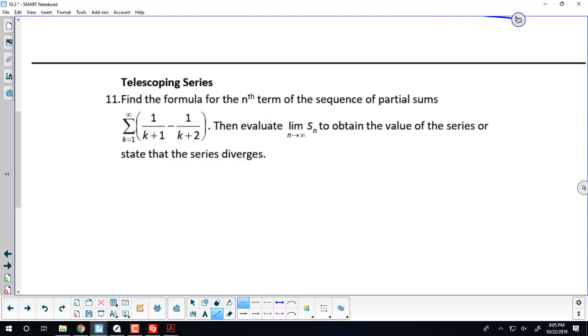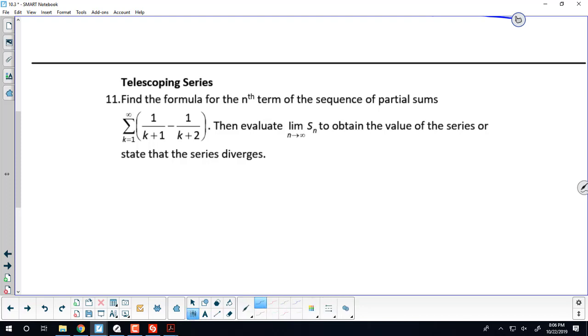That's kind of the idea. And really there's no explicit formula to say, if you have this telescoping series, the formula is going to be X, Y, Z. It's really just a matter of writing out the terms, seeing which ones cancel, and then what you have left over is your nth partial sum.